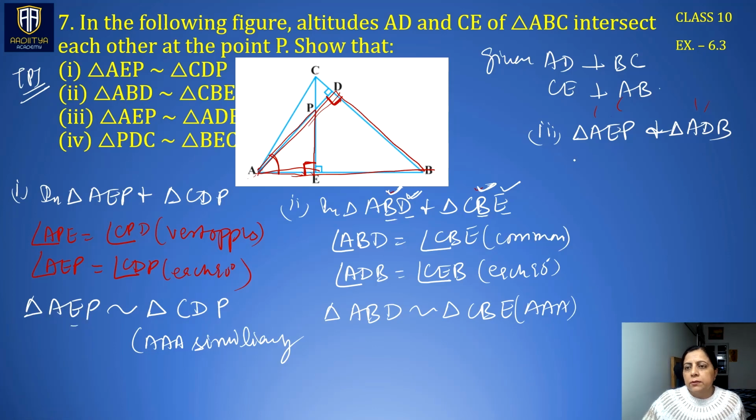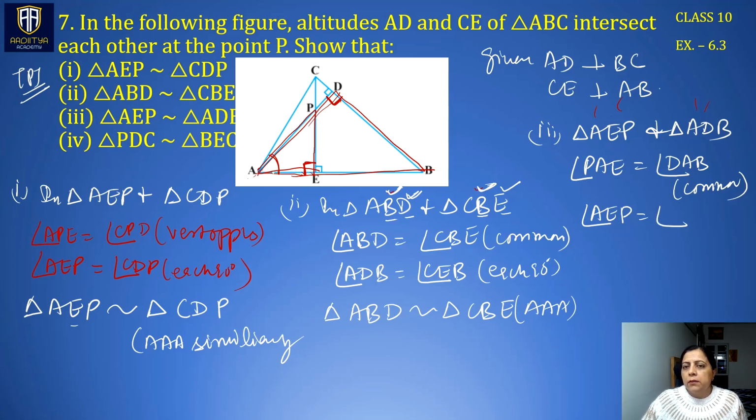This can be very fast, like angle A, you can write the proper name, AEP. So angle PAE is equal to angle DAB in that case. You can write this as common. Now the next thing is angle AEP is equal to angle ADB, each 90 degree, right?